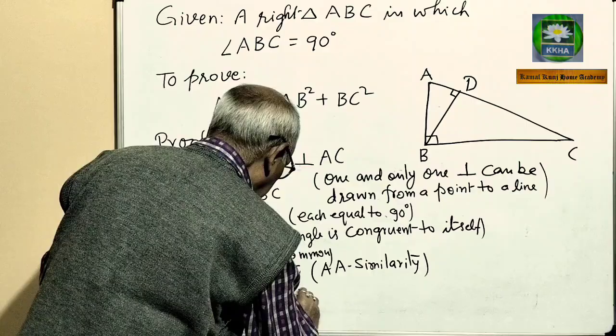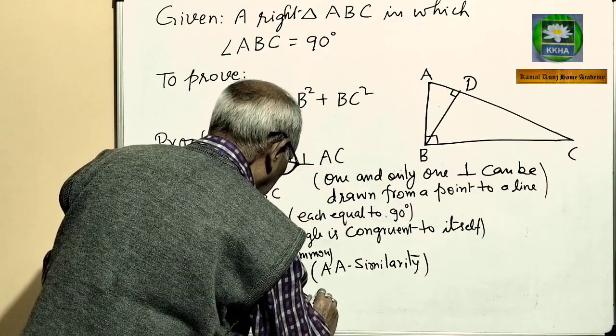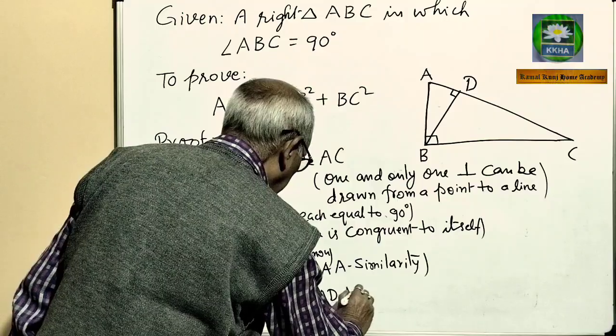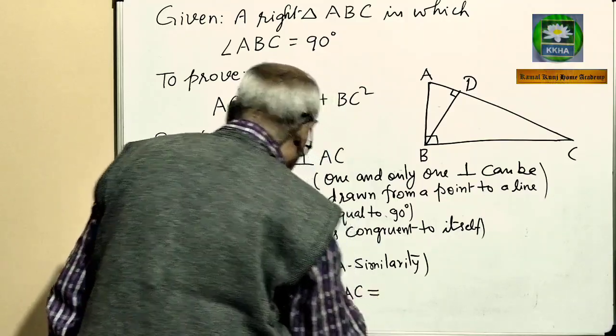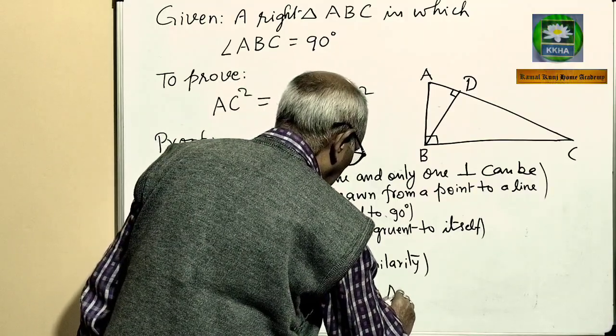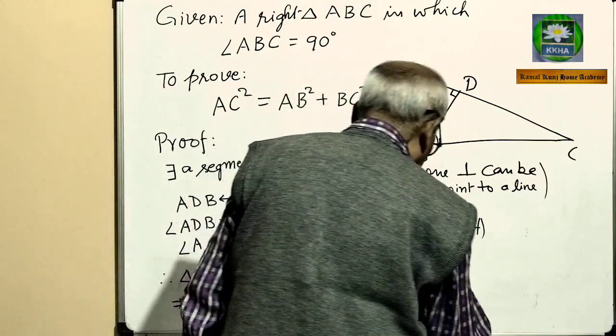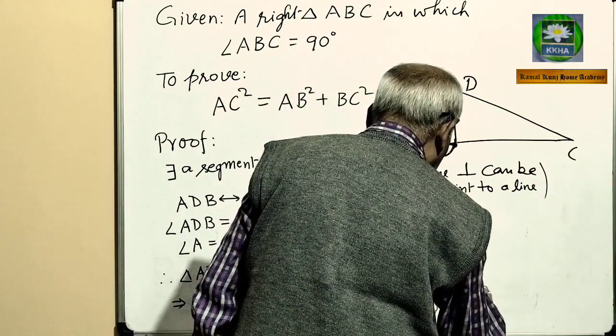This implies that AD into AC is equal to AB square. Let it be number 1.